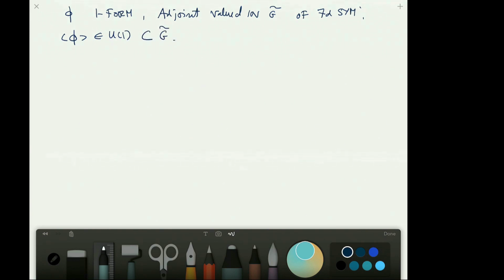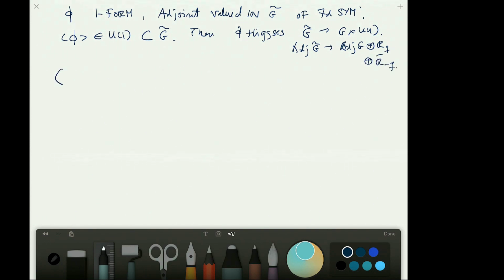And what this means is phi Higgses G tilde to G times U1. Okay, so we have some adjoint of G tilde, which will break to an adjoint of G plus R of some charge under U1 plus the conjugate, say, Q. So the simplest setup you can think of is, for example, SU(N+1) going to SU(N) times U1 with fundamental matter.